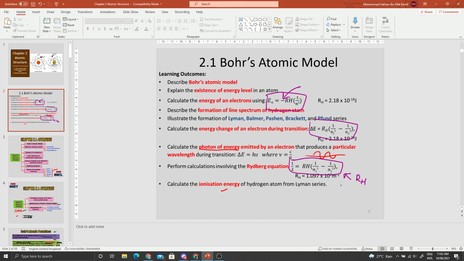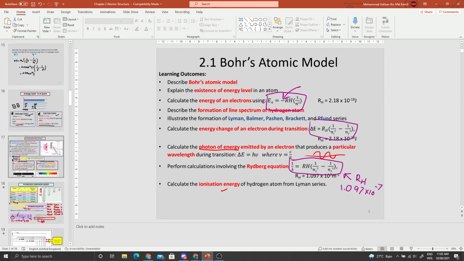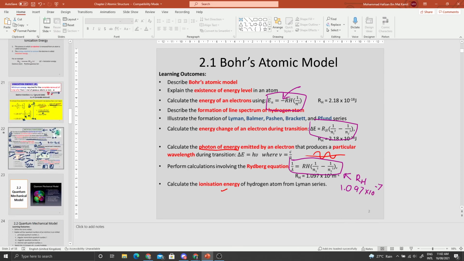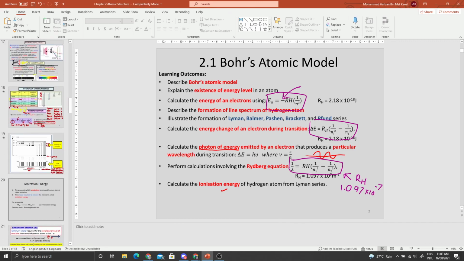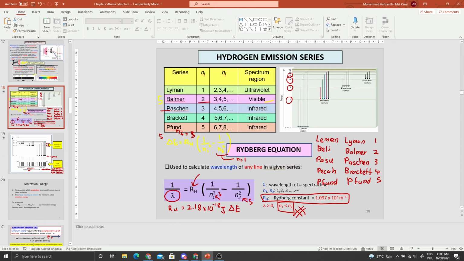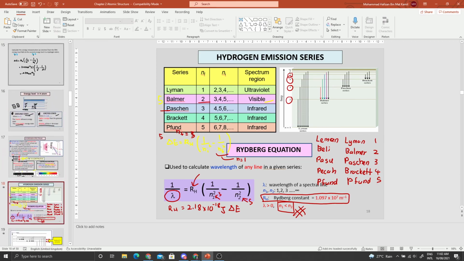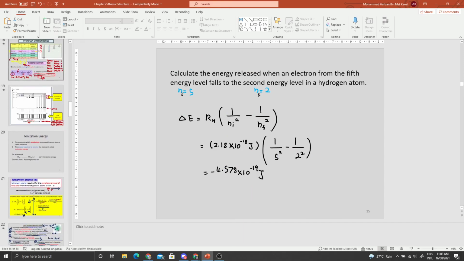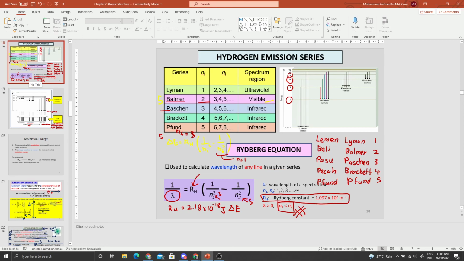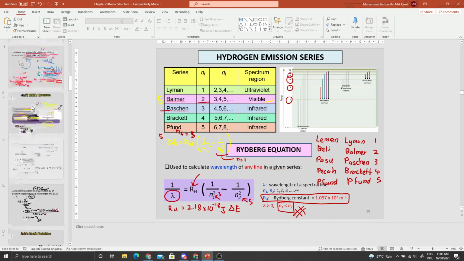This is the only one that uses 1.097 times 10 to the power 7, negative 7, right? If I'm not mistaken, it uses negative 7. Where was it just now? One moment. Here. So it uses 7. Yes, uses 7. So that's the only one that uses 7.